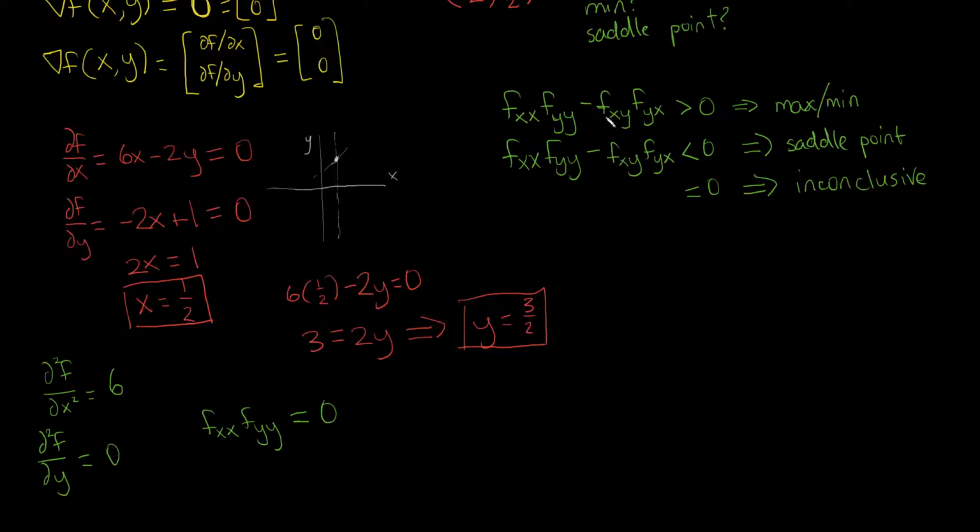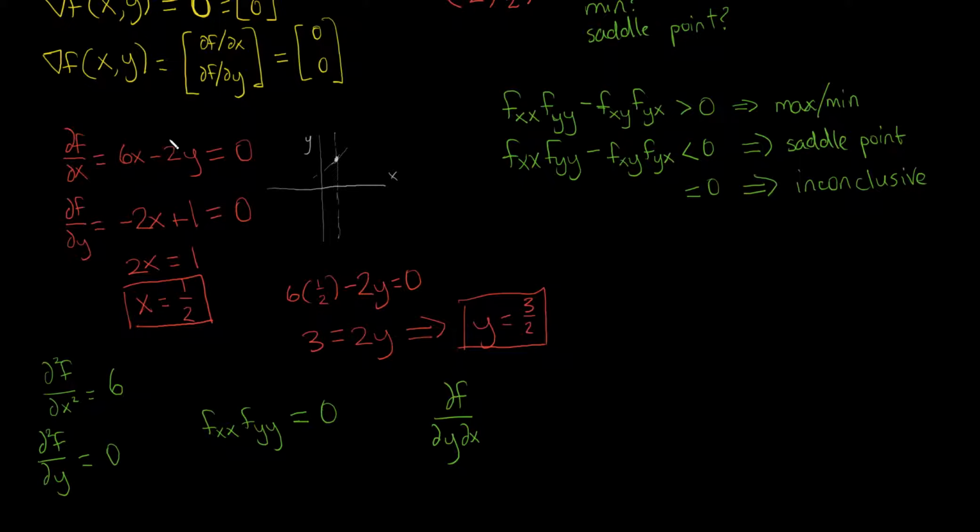Let's calculate the mixed partial derivative terms now. The mixed partial derivative, where we first take the derivative with respect to x, then y, asks us to take the derivative with respect to y of this expression.